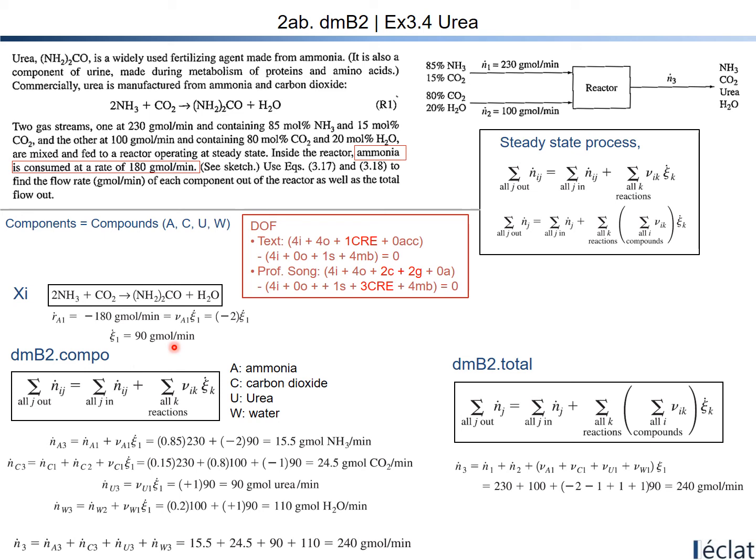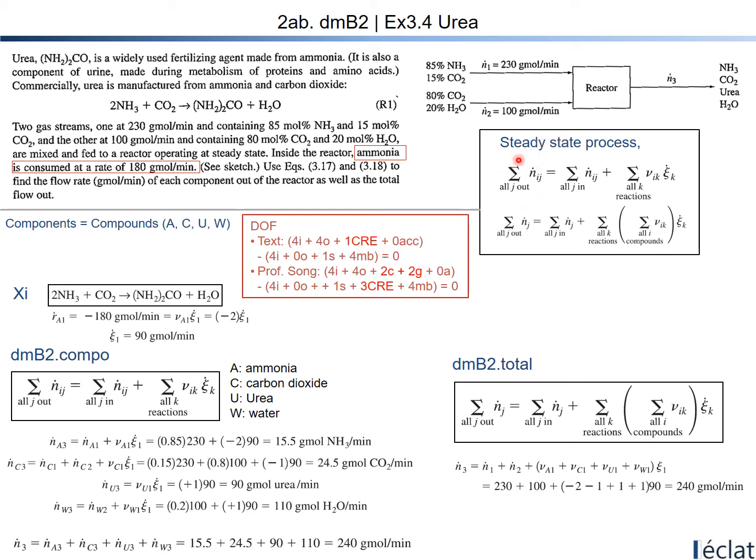Okay, then let me use this value for the material balance equations. The following are the 4 different material balance equations for 4 different compounds. The first one is ammonia, and this process is at steady state. So you could kill the accumulation term, dN/dt.